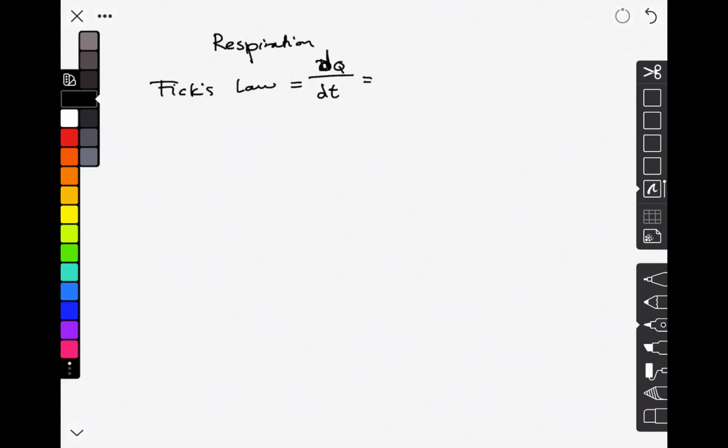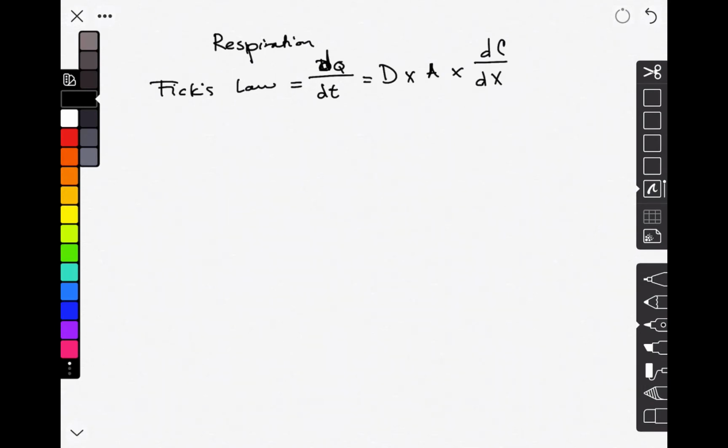a molecule that's diffusing is related to its diffusion coefficient times the surface area of the membrane that it is interacting with times the concentration gradient of the stuff.